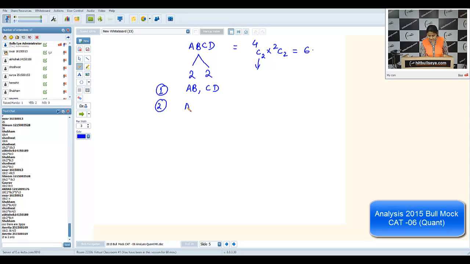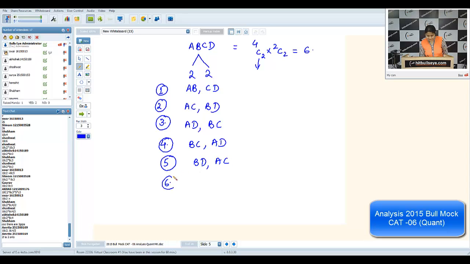Another way is AC. You are left with BD. In third, you are taking AD. You are left with BC. In fourth, you are selecting BC. You are left with AD. I'm taking any 2 out of these 4, all the exhaustive cases. BD, AC. 6.